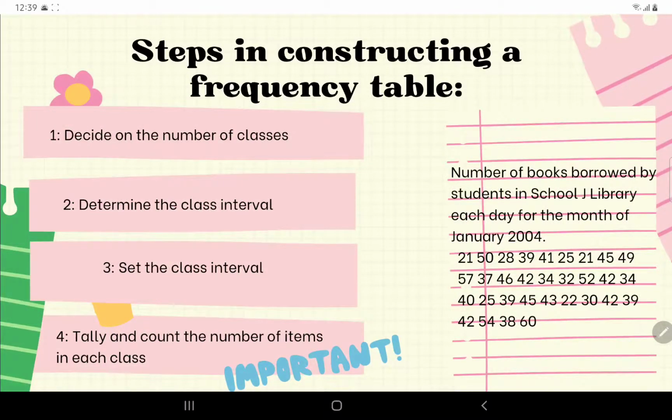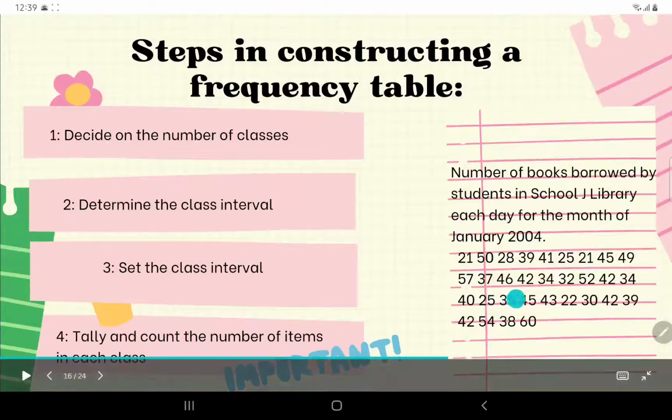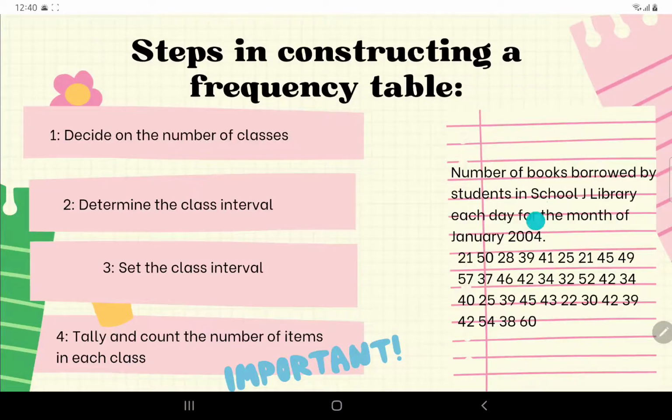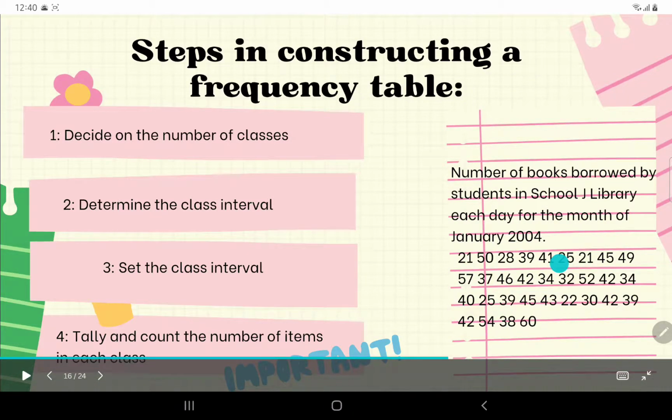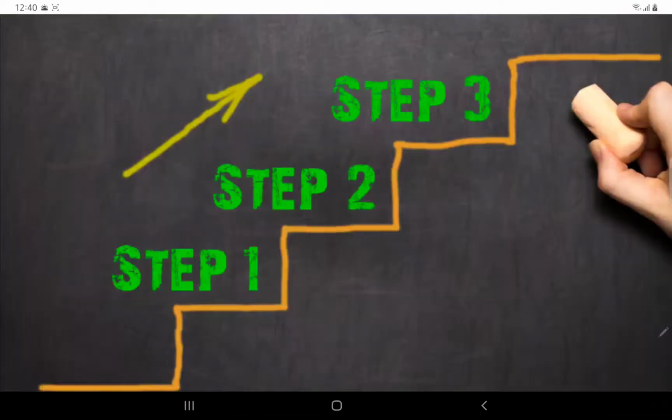So here we have the data of 1, 2, 3, 4, 5, 6, 7, 8, 9, 10, 11, 12. So here we have 31 data points. To decide the number of classes, we have this formula: 2 power of k more than n.